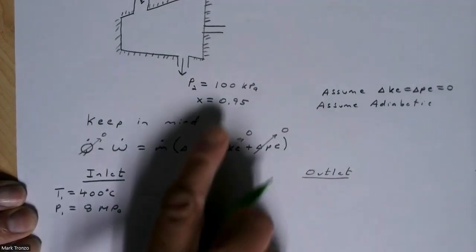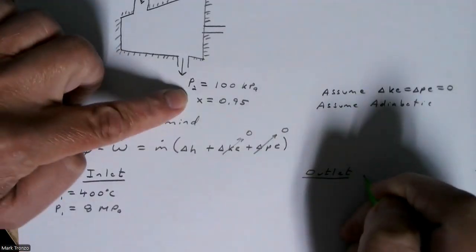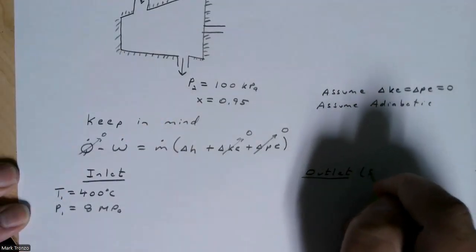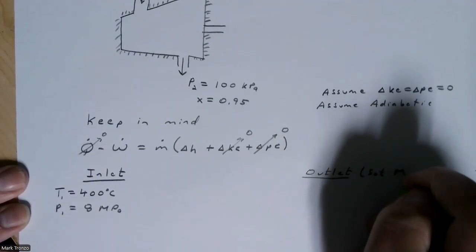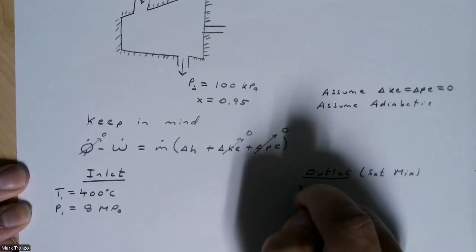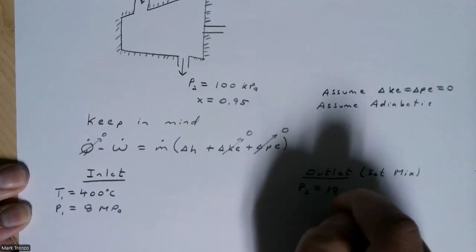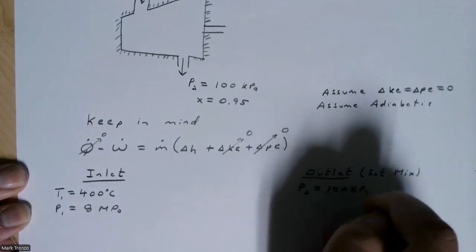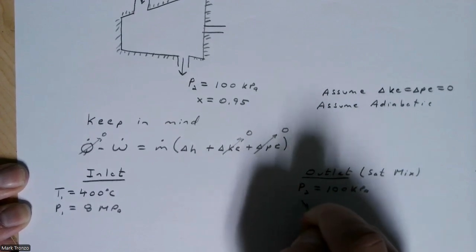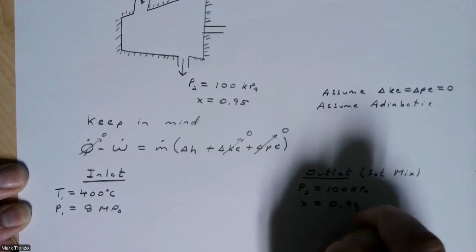And the outlet, obviously that's going to be a saturated mixture. Pressure is going to be 100 kPa, and the quality is going to be 0.95.